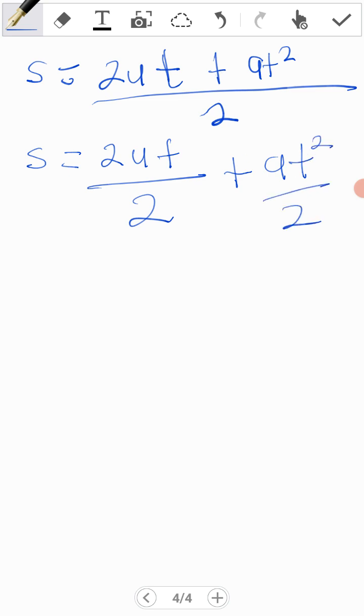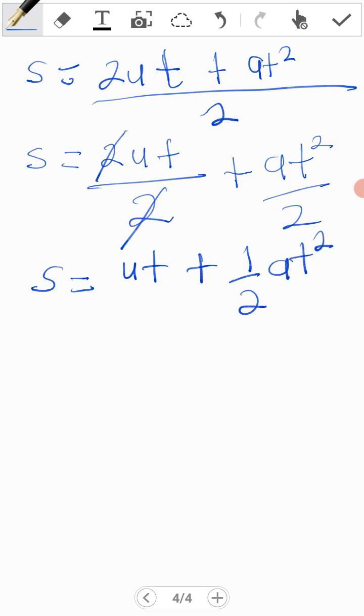We just separated it, I mean, this denominator is what we use here and here, and then we just divided it. Now that you understand why I did it like this, let me continue. So this 2 cancels with this, and we will have S is equal to ut plus half at squared, and that is our equation 3.